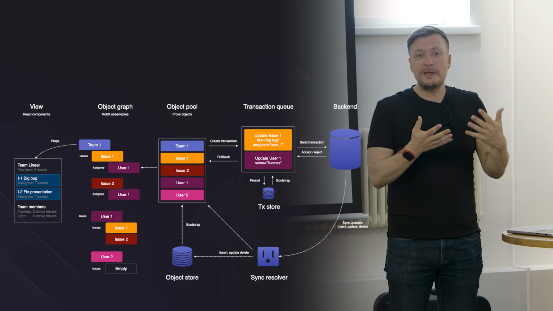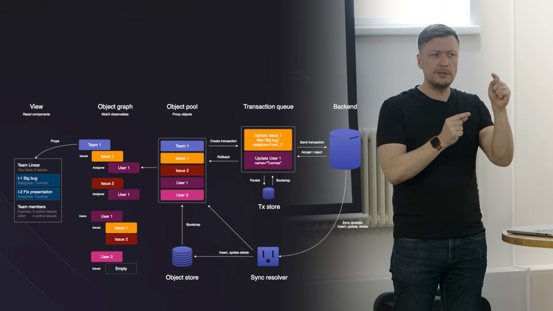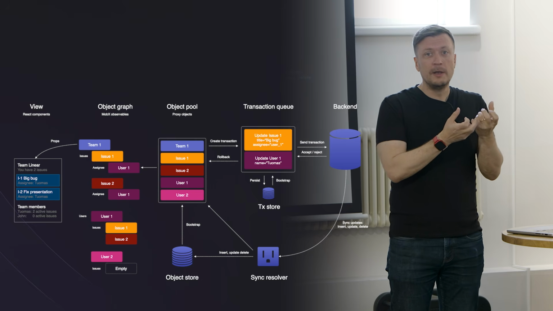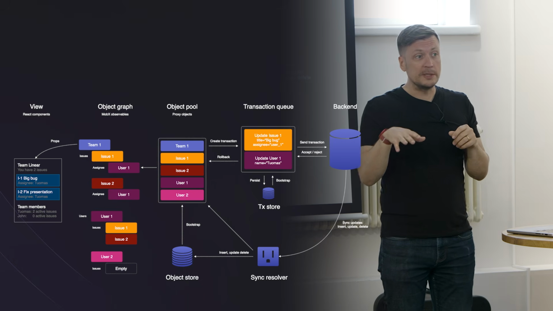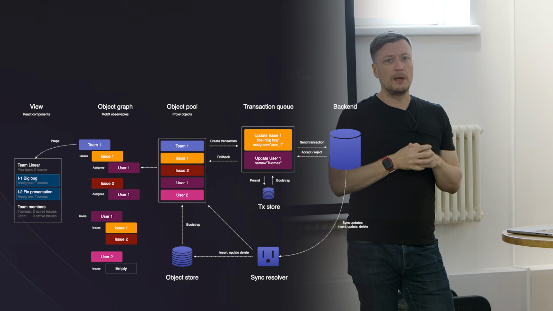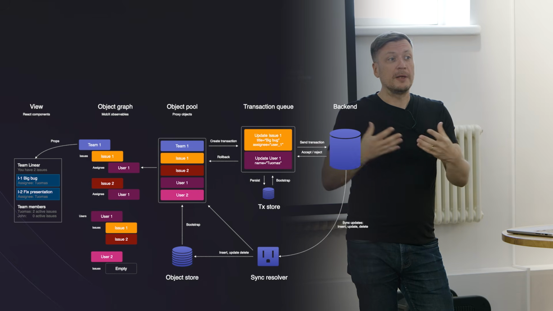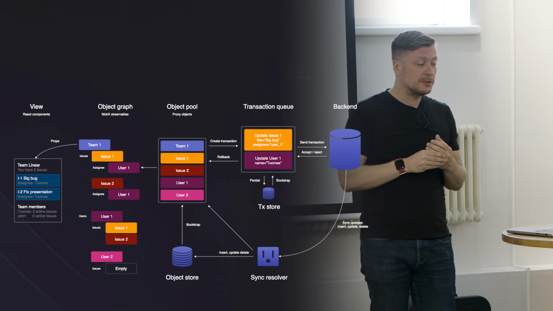And when you then call save on that model object, the sync engine will look at that object and say, well, you changed these 3 properties, so let me create a transaction out of that and add it to the queue. The queue is also persisted on local disk. So in case you're offline, we can replay those changes on top of your object pool and load them up again. So if you refresh your page, we will continue retrying those transactions.